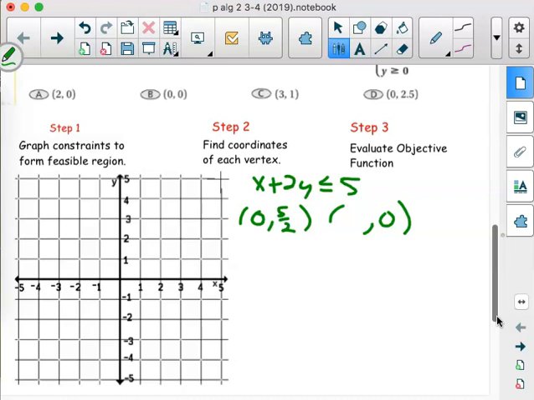If I don't have any of the y's, if y is 0, x is going to have to be 5 for this to say 5 equals 5. So those are the two points that I used to graph, (0, 2.5) and (5, 0). And then I realize, oh, it's solid. It has an equals bar.